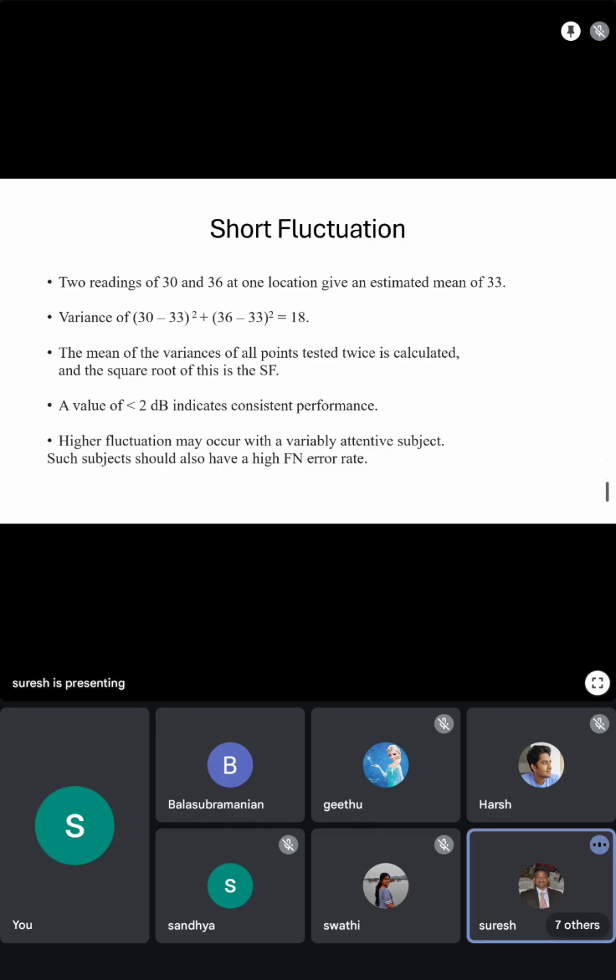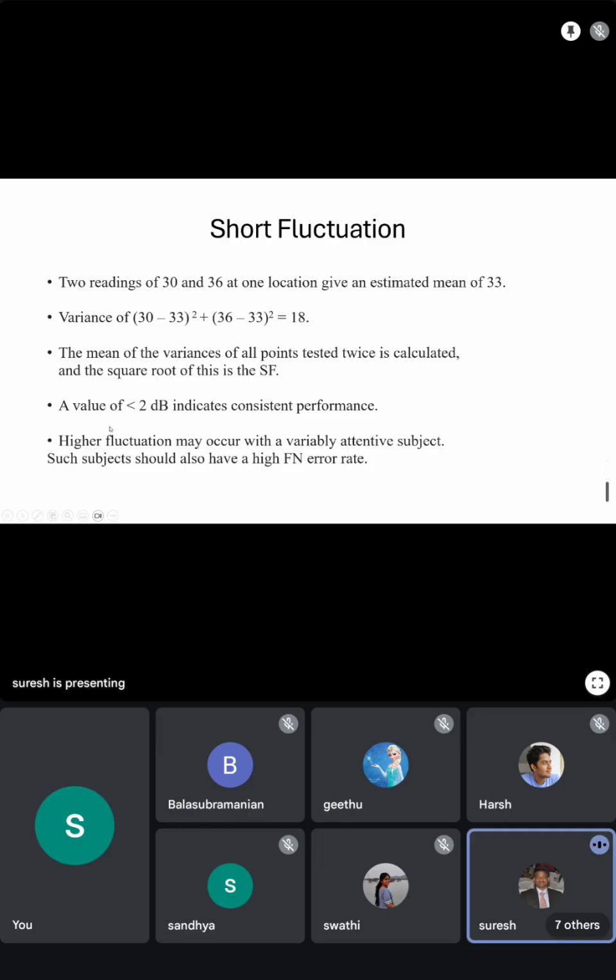For example, 30 minus 33 is minus 3, square is 9. Again, 36 minus 33, square is 9. So the sum is 18. This is known as the variance. The mean of all the variances is taken, and the square root of this gives us the short-term fluctuation. I just wanted you to know what exactly is happening. You don't need to know this mathematics, but this is how it happens.